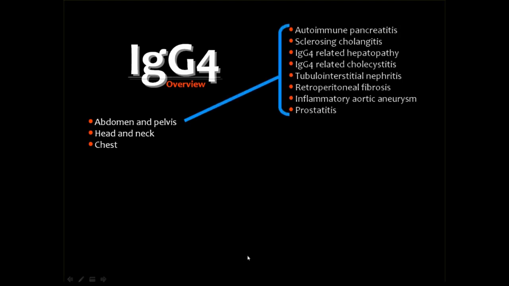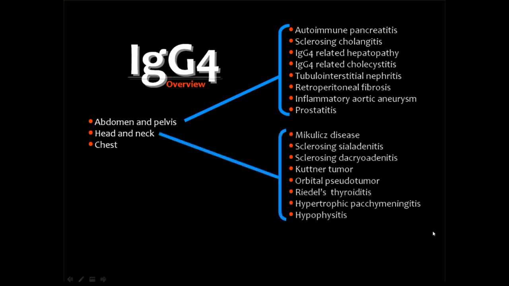Those which are present in the abdomen include one of the most important features, which is the autoimmune pancreatitis, then the sclerosing cholangitis, then the IgG4 related hepatopathy and related cholecystitis, tubulointerstitial nephritis, retroperitoneal fibrosis, inflammatory aortic aneurysm, and prostatitis.